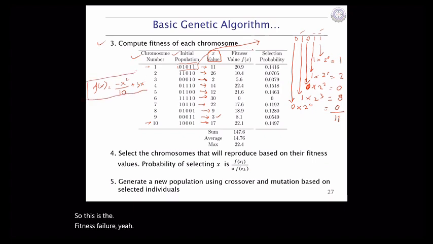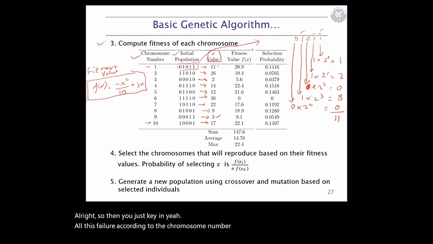This formula is given. So then for the fitness value, you just key in all these values according to the chromosome number.